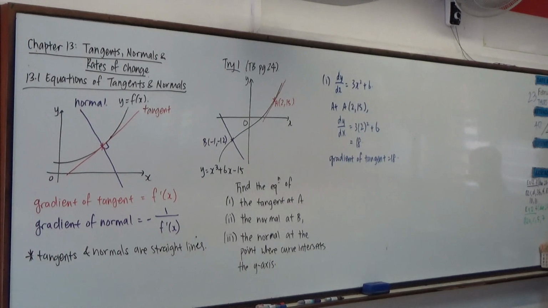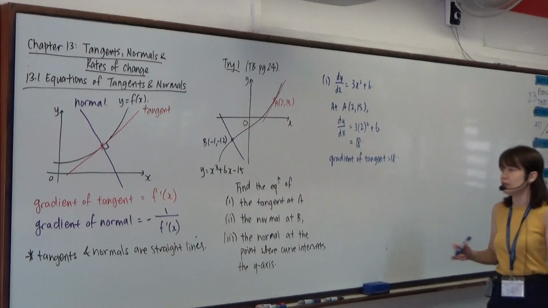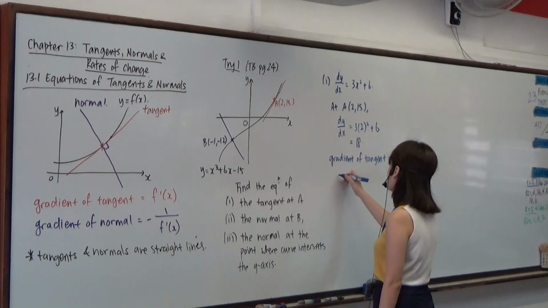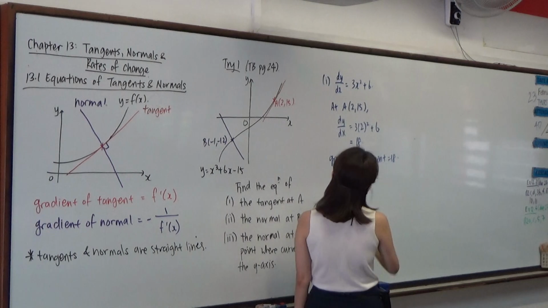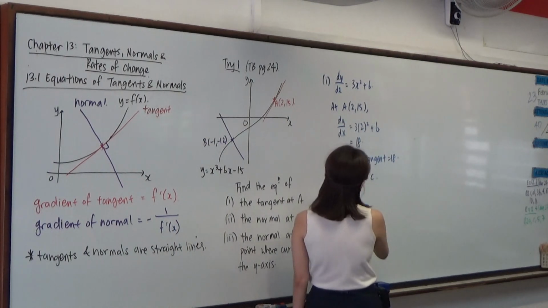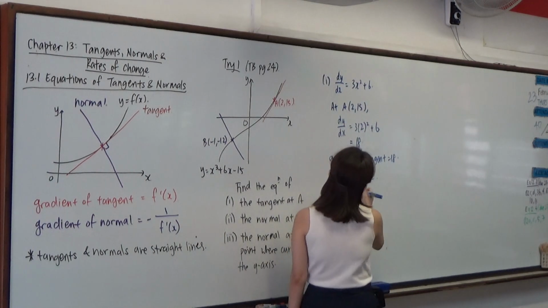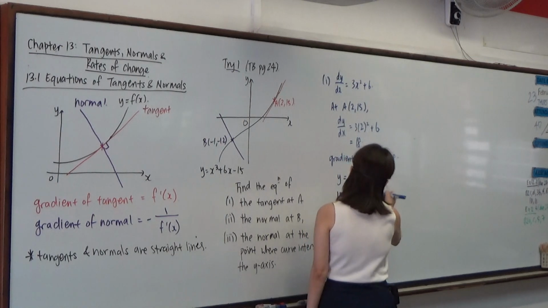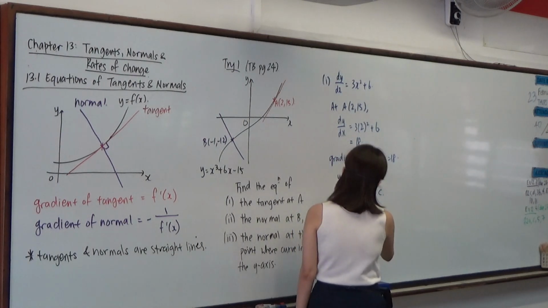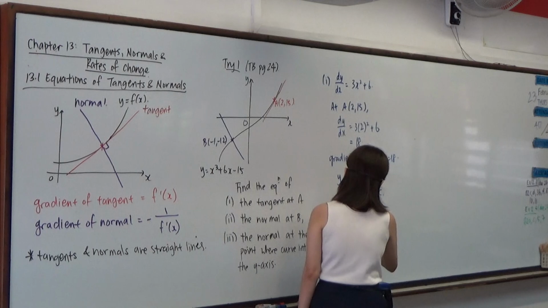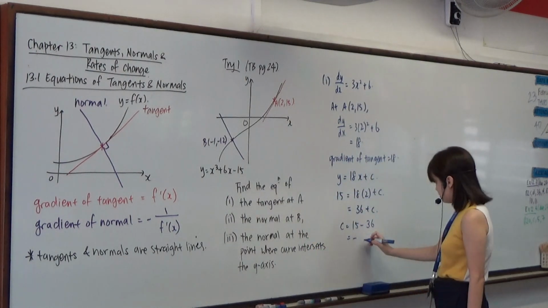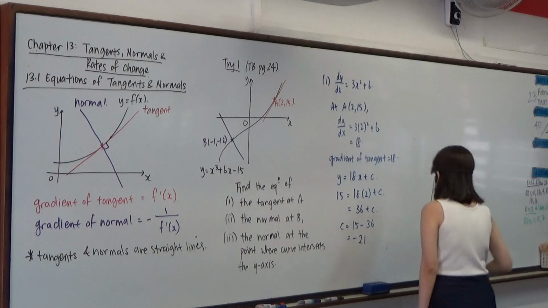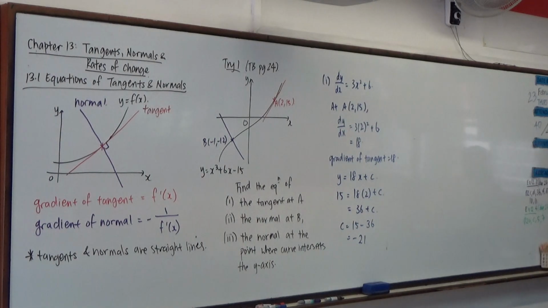So now we proceed with trying to find out the equation of the tangent. y equals mx plus c, y equals 18x plus c in this case. Using that point (2, 15), y is 15, x is 2, and we find c. And c will be negative 21.